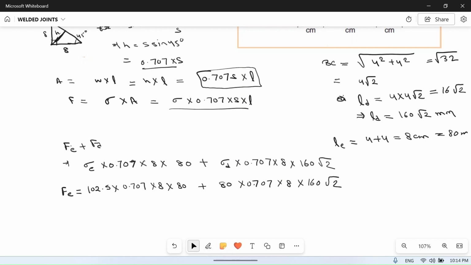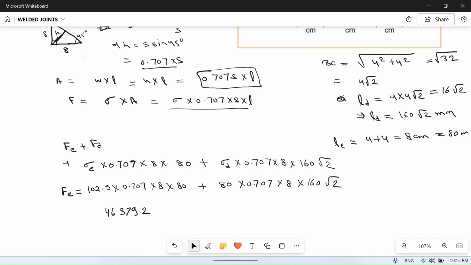So let me multiply it: 102.5 into 0.707 into 8 into 80 is 46,379.2.